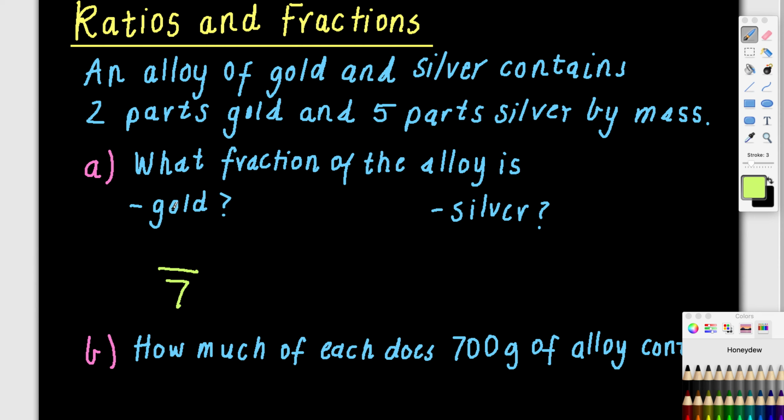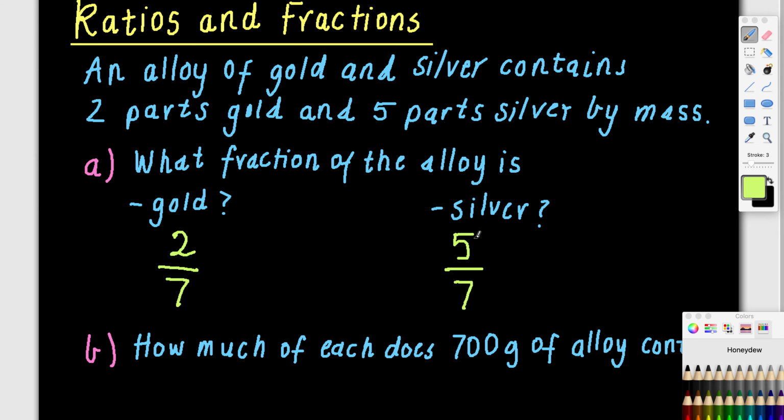In terms of what fraction is gold, only 2 of those parts are gold. So, 2 out of 7, or 2/7 of this alloy is made up of gold. Of course, silver will have the same denominator, but this time we have 5 parts must be silver, so 5/7.